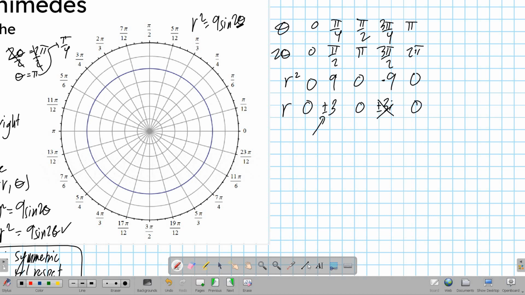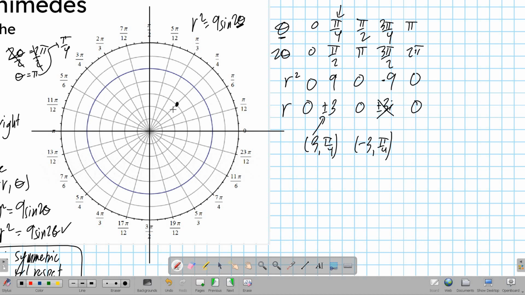Now plotting, let's place again our polar axis, pi over 2 axis. So we only have theta, which is pi over 4, so that's 3 pi over 4, 3, then pi over 4, and negative 3 pi over 4. So for 3 pi over 4, this is pi over 4, 1, 2, 3.